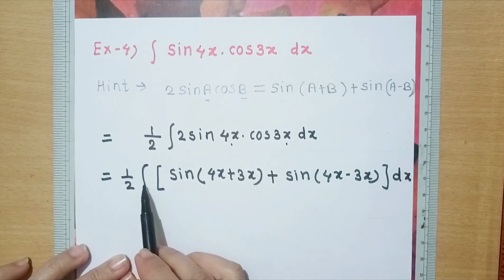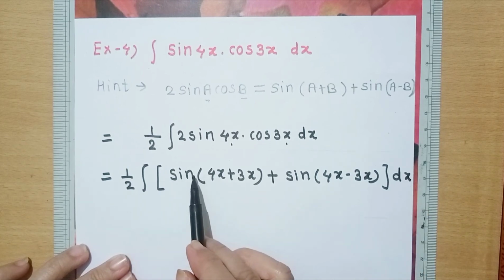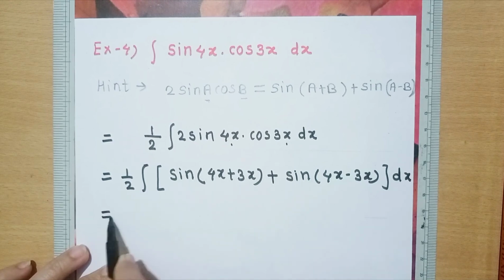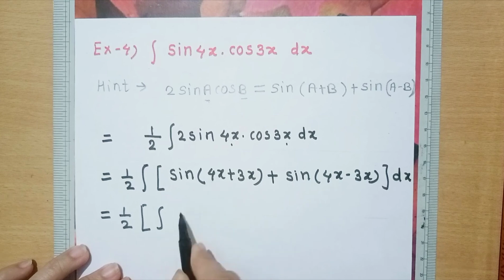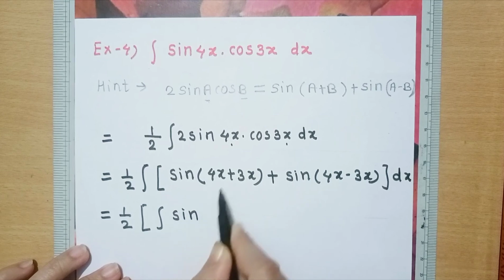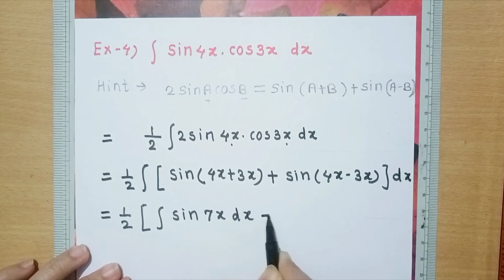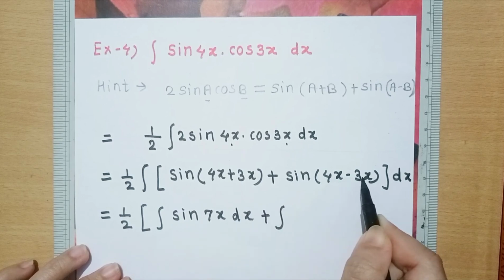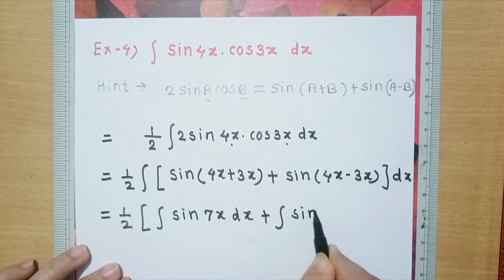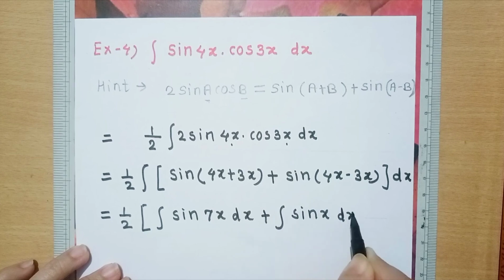Now we will write the integration symbol separately for this and this, so again half common, and integration of this is 4 plus 3, 7x dx, and again 4x minus 3x is simply x dx.